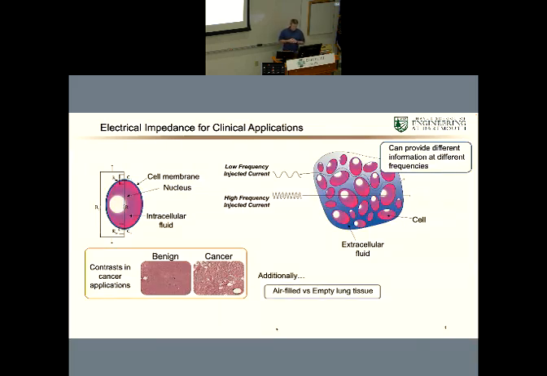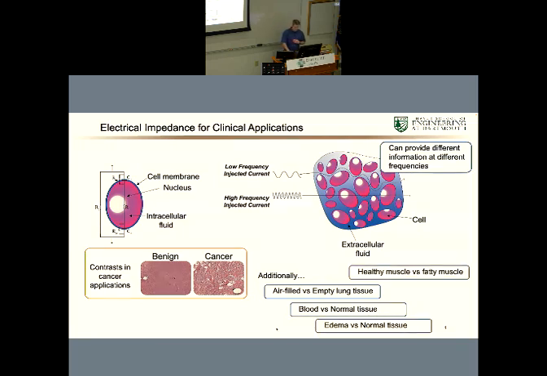Additionally, there are lots of other contrasts that we find with electrical impedance. A big one is lung monitoring. If air fills your lungs, it becomes much more resistive, and with air filling and emptying, you have a big contrast. Blood versus normal tissue has a large contrast. Edema versus normal tissue. We looked at muscle versus unhealthy fatty muscle, which is also pretty good contrast.